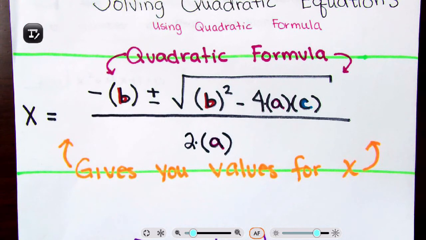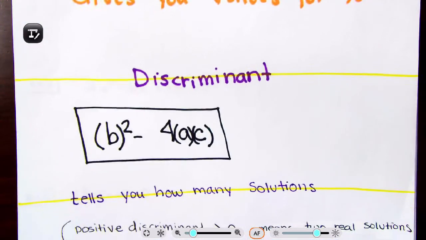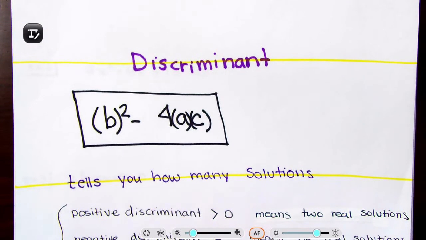Now, along with the quadratic formula, if you only take the things inside the square root, that is called a discriminant. Now, a discriminant tells you how many solutions you have to a question. So, you can have no solutions, you can have one solution, or you can have two solutions.